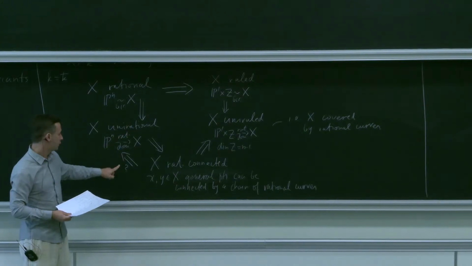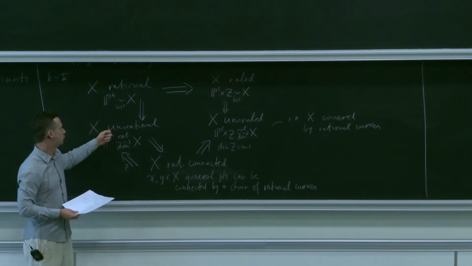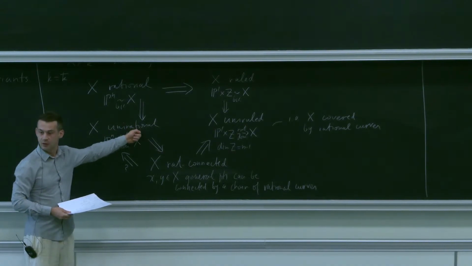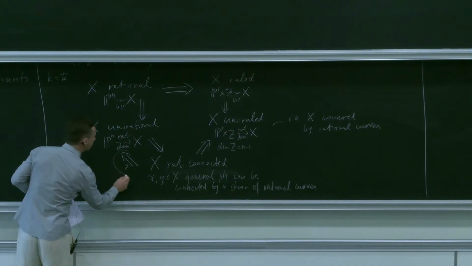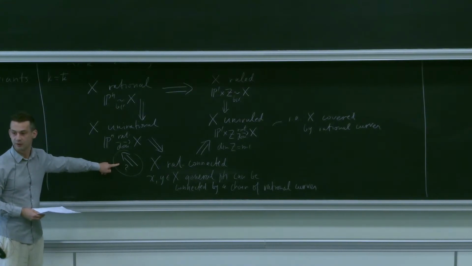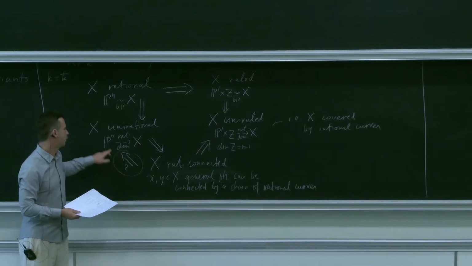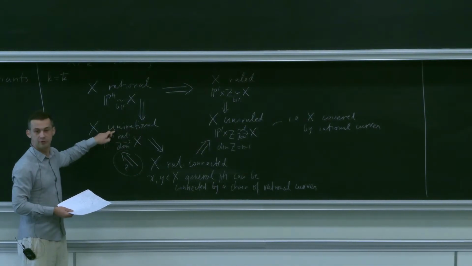But there's no single counterexample to this statement, because it's hard to disprove unirationality. That's a very old and important open question in this field. One needs some kind of conic bundle example or some example which is provably not unirational.